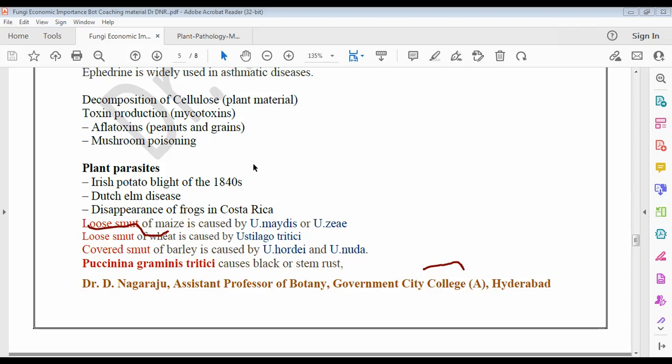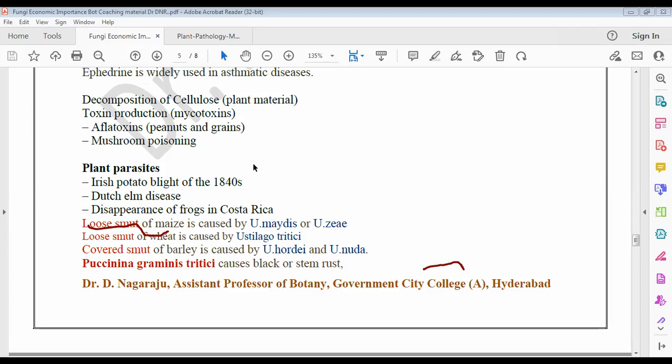What is it? Hemileia vastatrix. You have to repeat. I only say it once, you have to repeat whenever asked. Hemileia vastatrix.